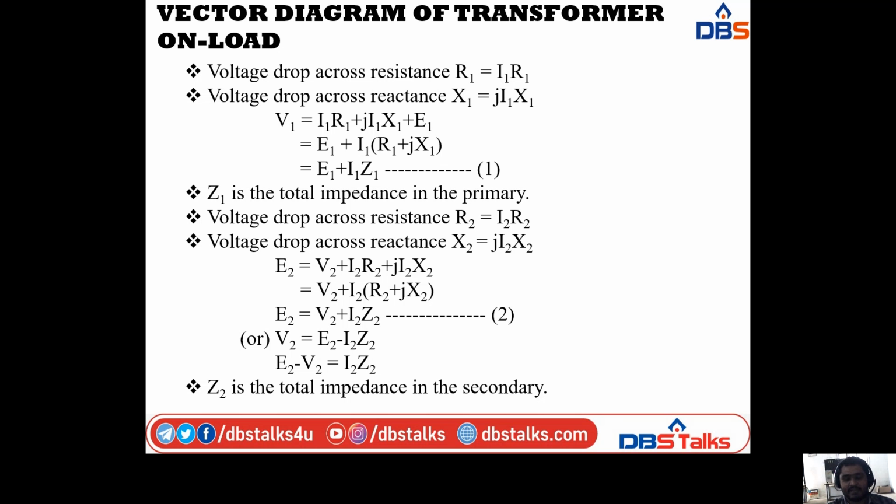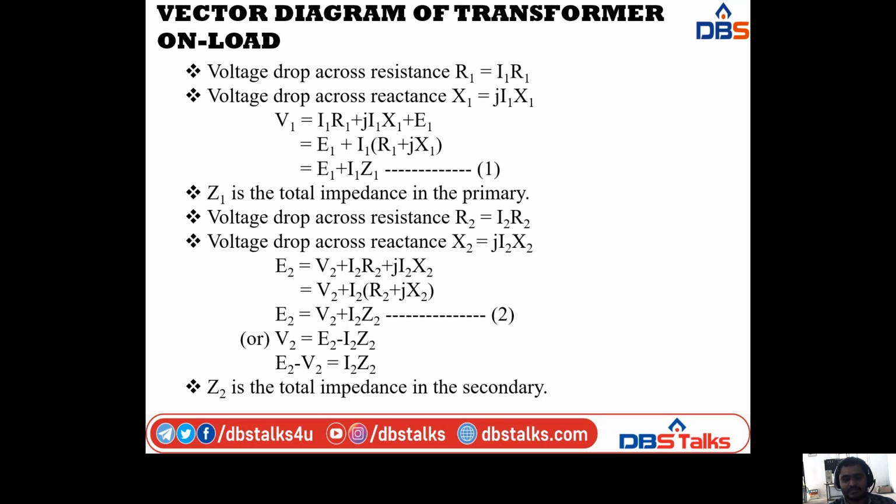And coming to the secondary winding, similar to the primary, the voltage drop across the resistance is I2 R2, and the voltage drop across the reactance is j into I2 X2. From this I am writing E2 is equal to V2 plus I2 R2 plus j into I2 X2, and E2 is equal to V2 plus I2, taking the common factor I2, times R2 plus jX2.